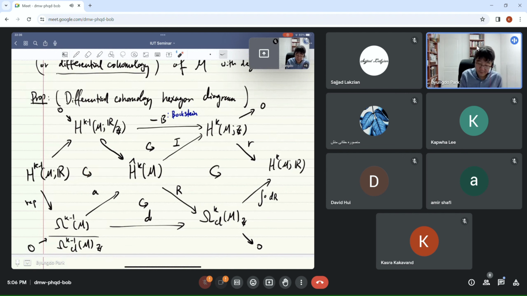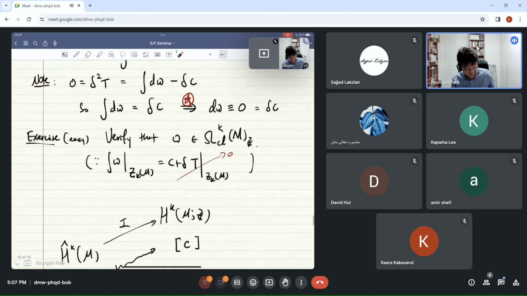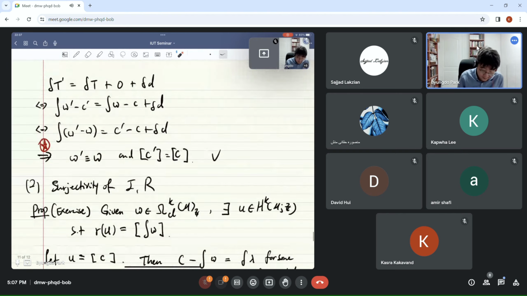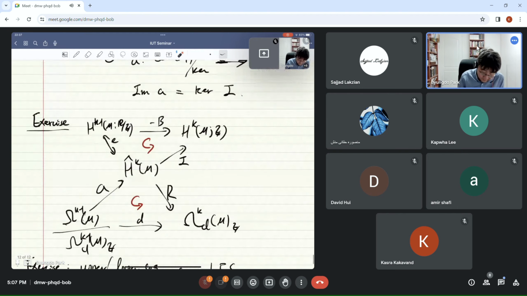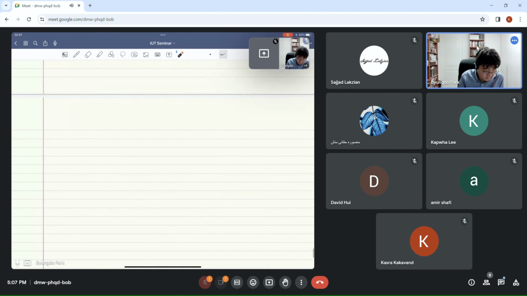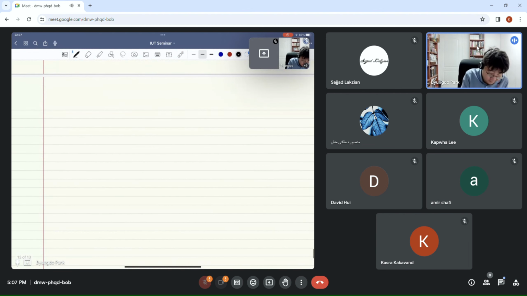So when you want to see this map is a long exact sequence, then for example, instead of considering this map, you can use this composition, which is the same as this one, and so on. So that makes your work slightly easier. Okay, I think I should get toward the conclusion of this discussion and introduce what's going to come next.